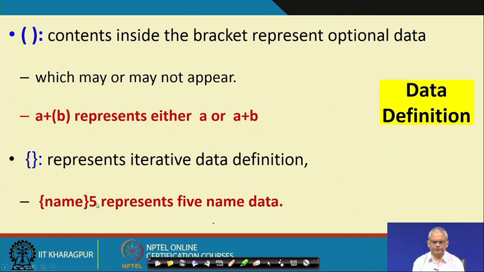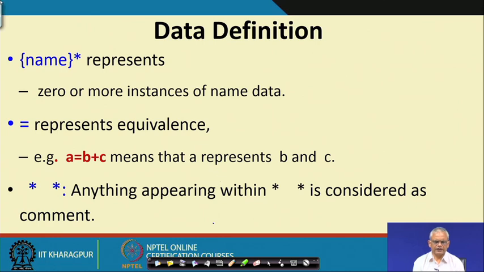If we write name 5, that means 5 data items, 5 name data items. If we write name star, it represents many name data items.